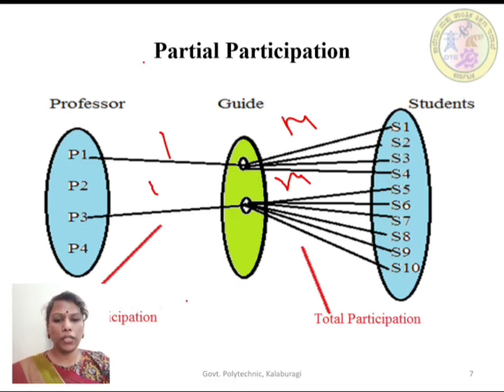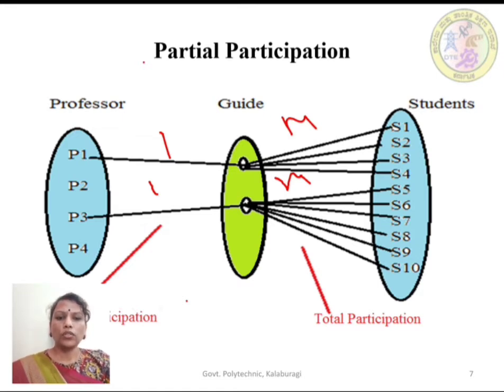Whereas the participation constraint from the professor side is partial, because not all the professors are participating, right? Only 2 professors are participating. That's why here it is partial participation. Whereas all the students are participating, right? So that's why it is total participation.